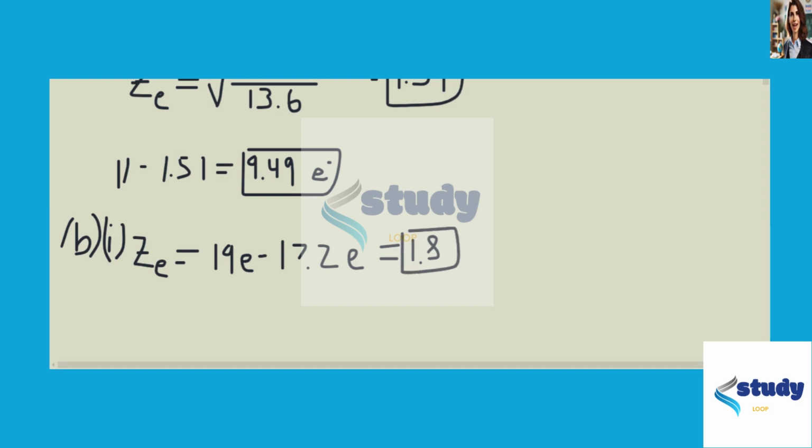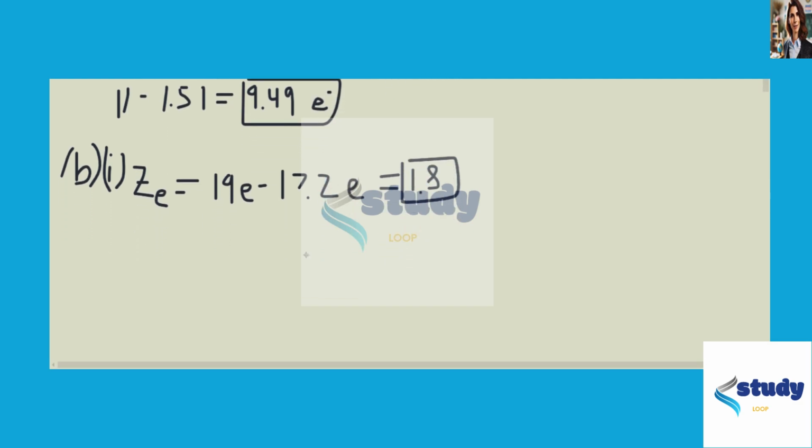For part 2, the electron energy due to shielding is what we're asked to find. We have E sub n, and then we're just using the same equation that we used in part A. So this is negative Z effective squared over n squared, where we found Z effective to be 1.8, and n is still equal to 4 in this case, times 13.6 electron volts.